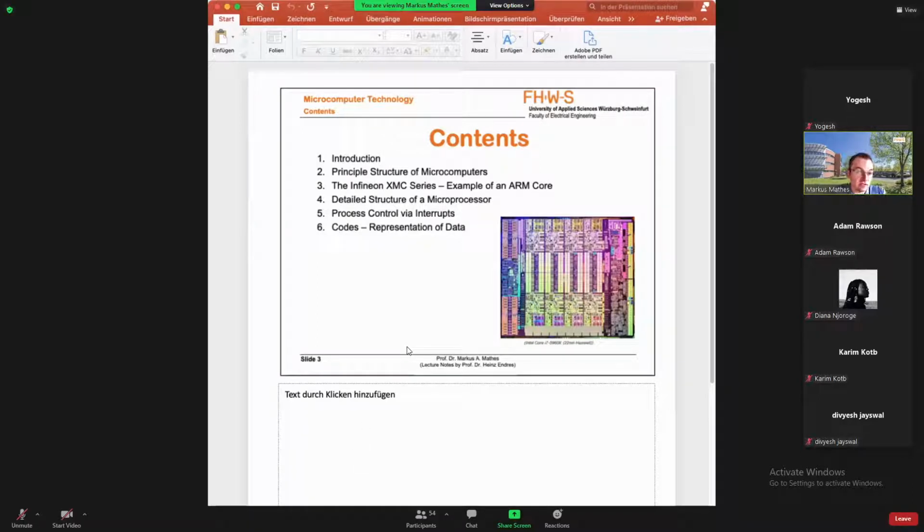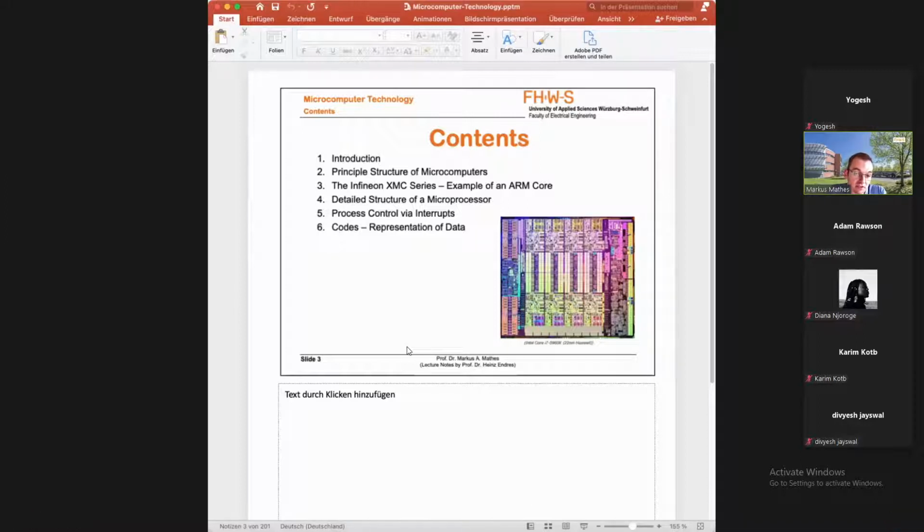So for example, we talk about CRC, that's cyclic redundancy check. Maybe you have seen this if you download an image, a DVD image.